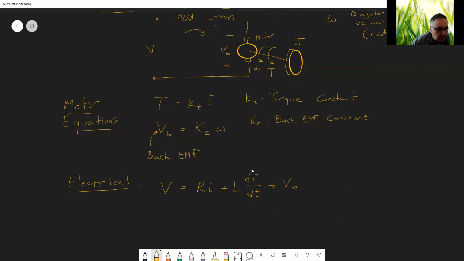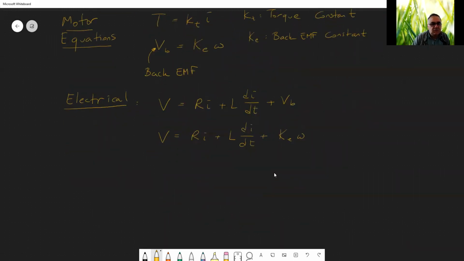So we can write V equals Ri plus L di/dt plus Vb, where Vb is now Ke times omega. We see that the electrical equation is coupled to the mechanical term, omega, so the rate of rotation of the motor influences the electrical equation.